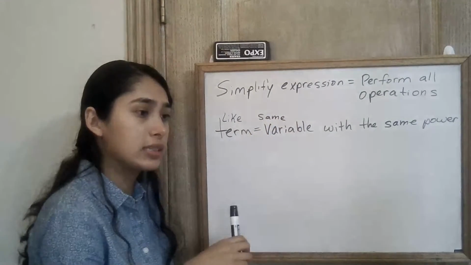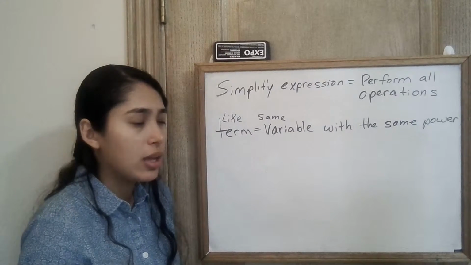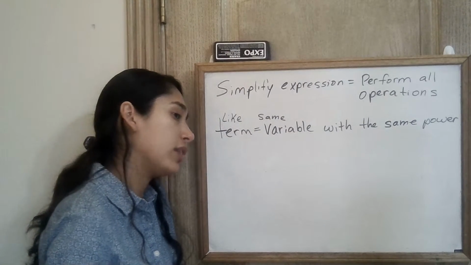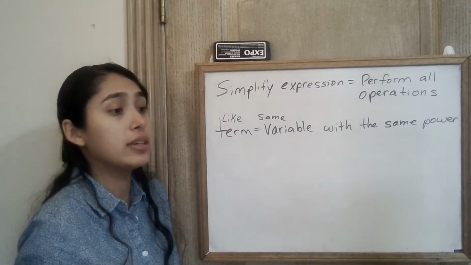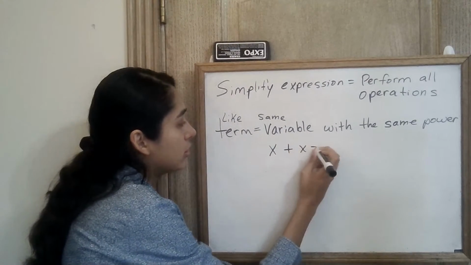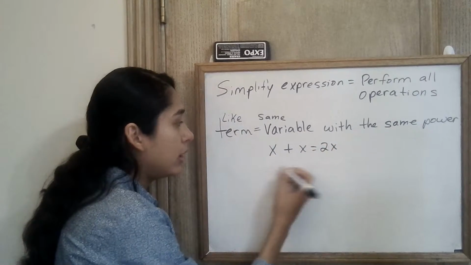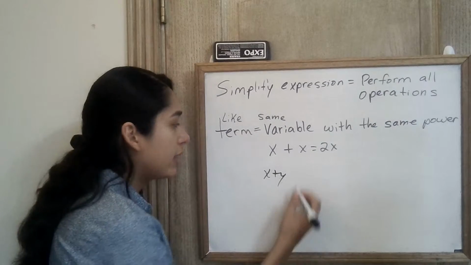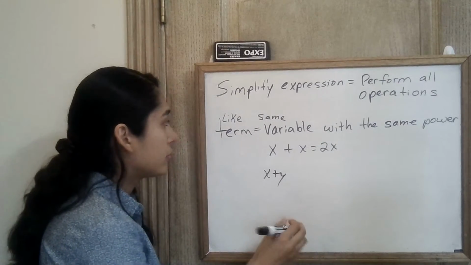So like I have x and y, I can't really mix those, but I have x and then adding another x, well, I can simplify that as 2x, right? x plus x equals 2x. But x plus y, they're not the same, so I can't really do anything about it.